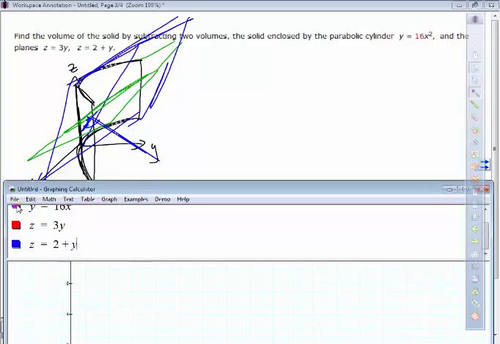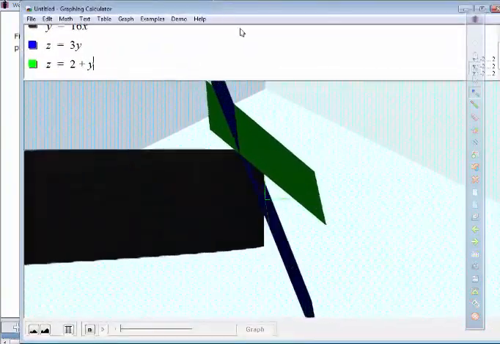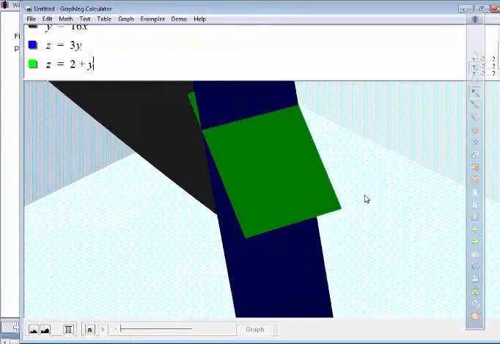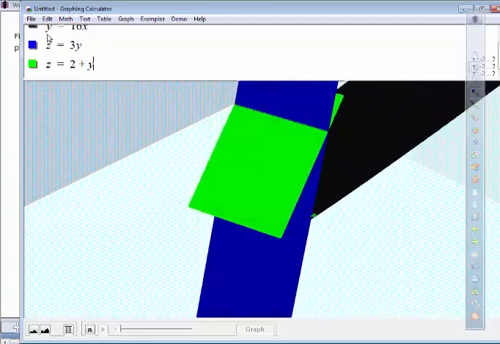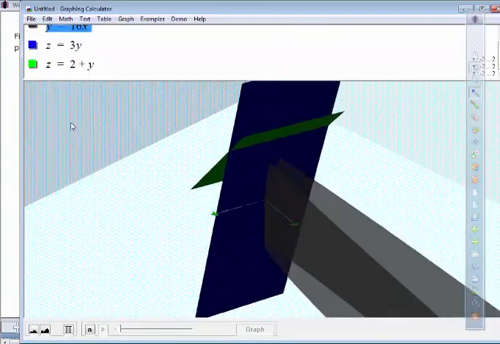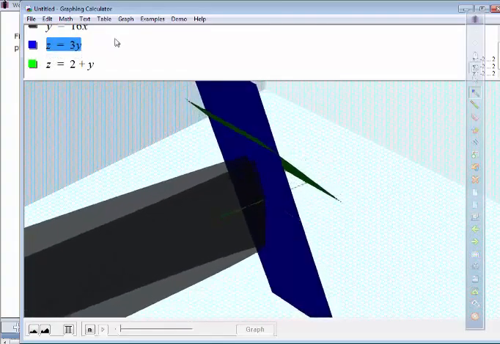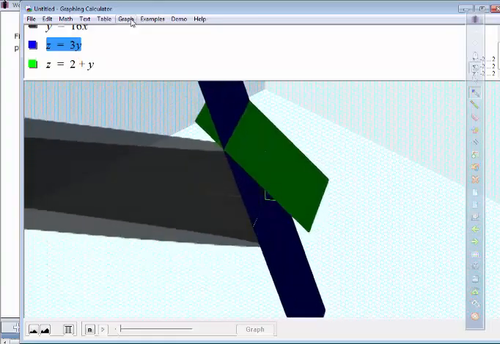So, you guys can actually see this clearer now.